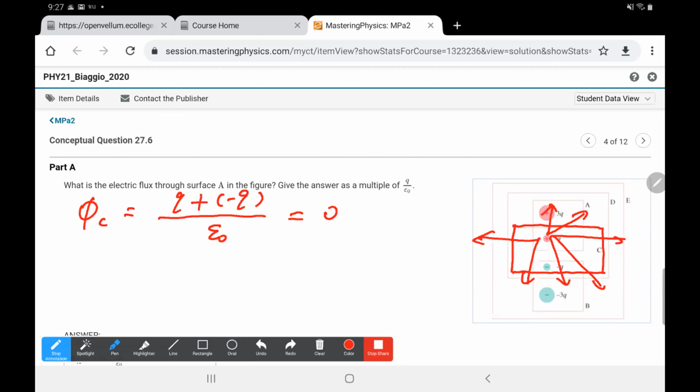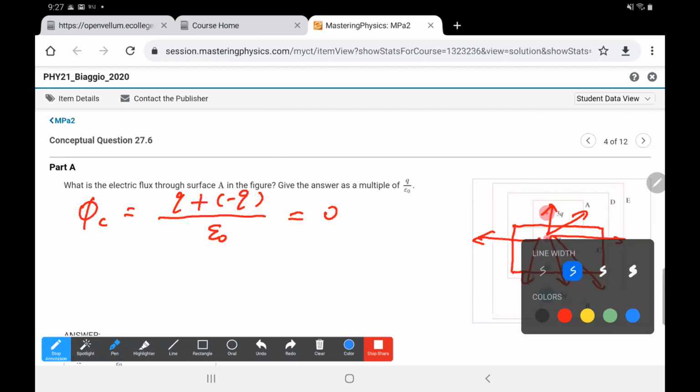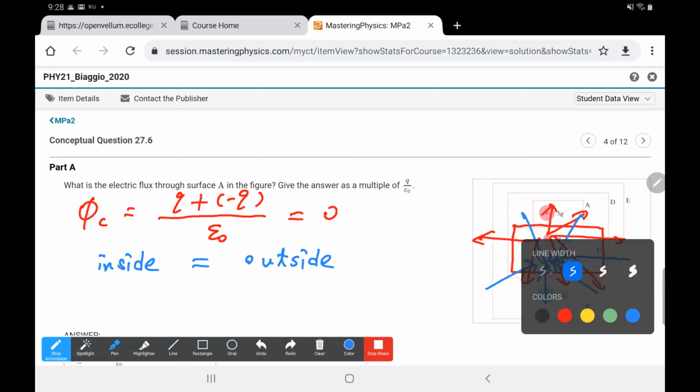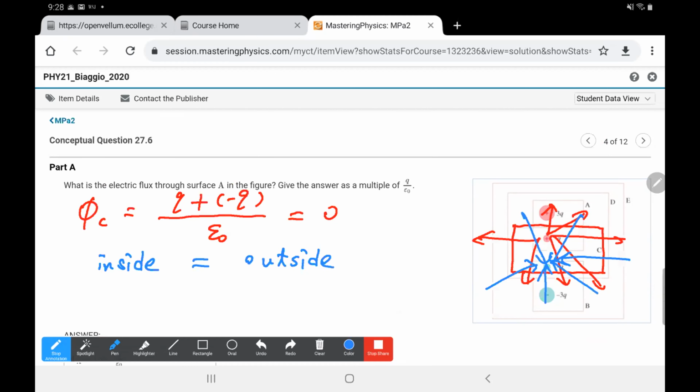And the negative charge generates electric field, but it goes inside. And you see the inside electric field is equal to the outside electric field. So in equals out. So they cancel out. The total flux is 0. Okay. So this is for the surface C.